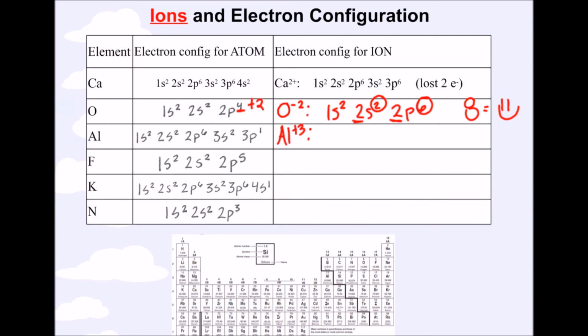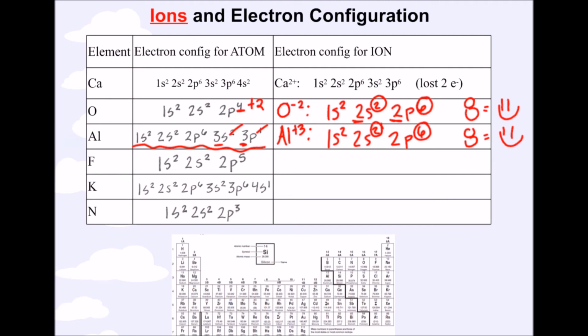This means it's going to lose 3 electrons. So if we look at aluminum as a neutral atom, in the outer energy level, it's going to lose 3 electrons. So it will also be 1s2, 2s2, 2p6 as an ion, having 8 valence electrons.